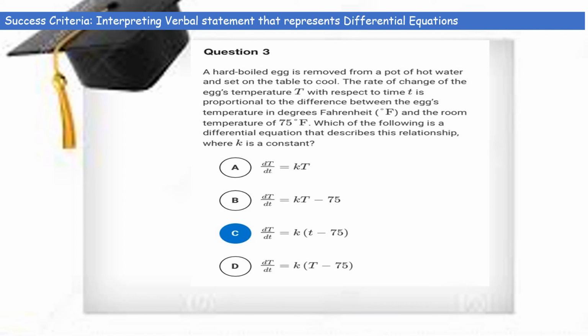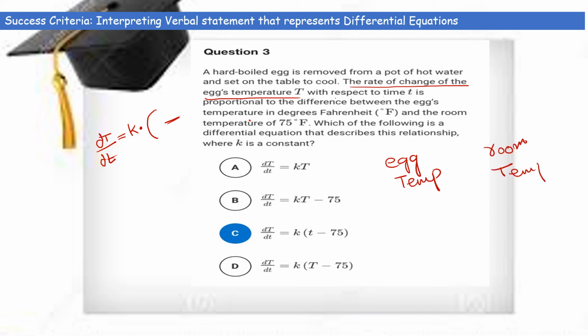The rate of change of the egg's temperature, it can be written as dT over dt, with respect to time, is proportional to, so of course direct proportion, k times the difference between the egg temperature and the room temperature.